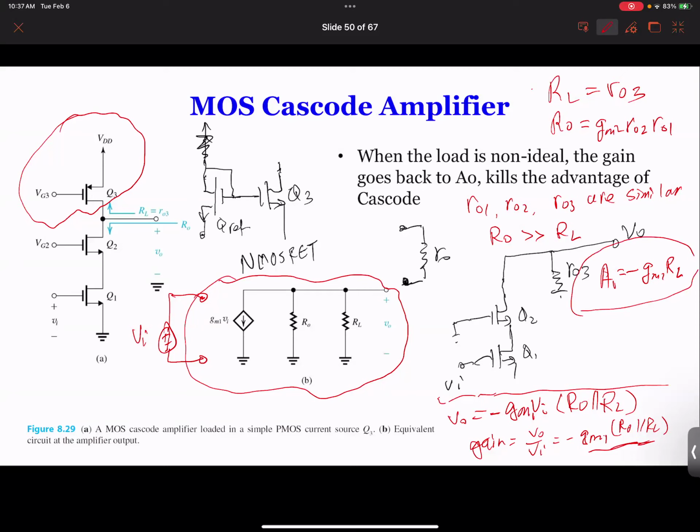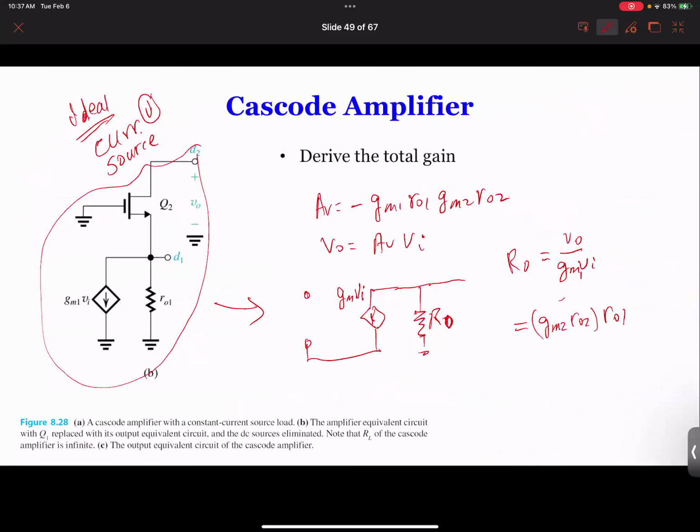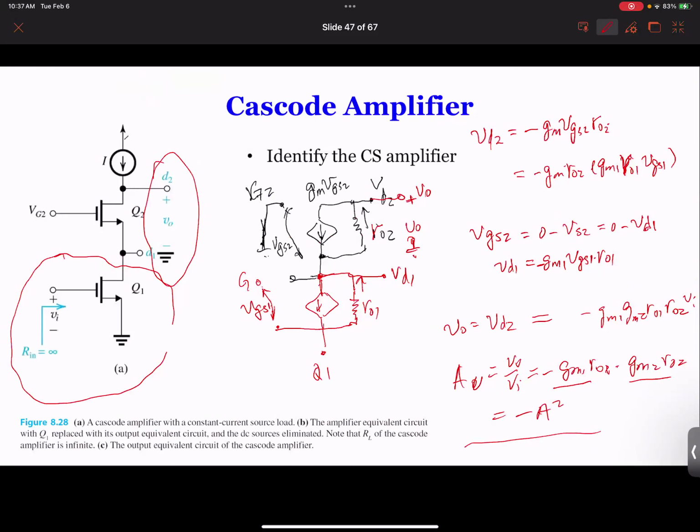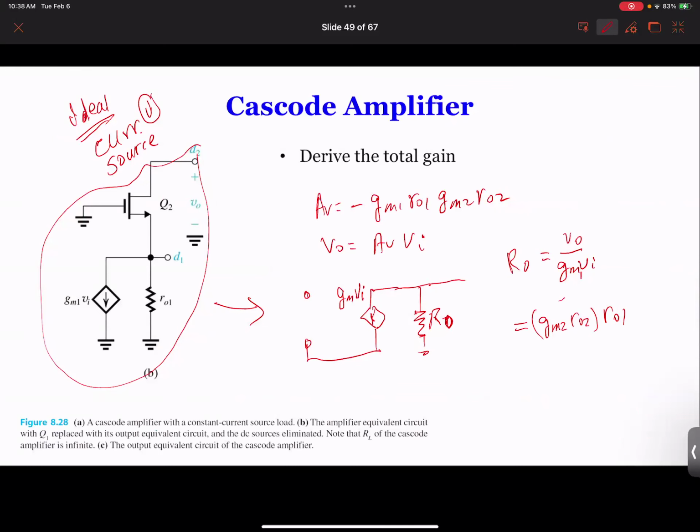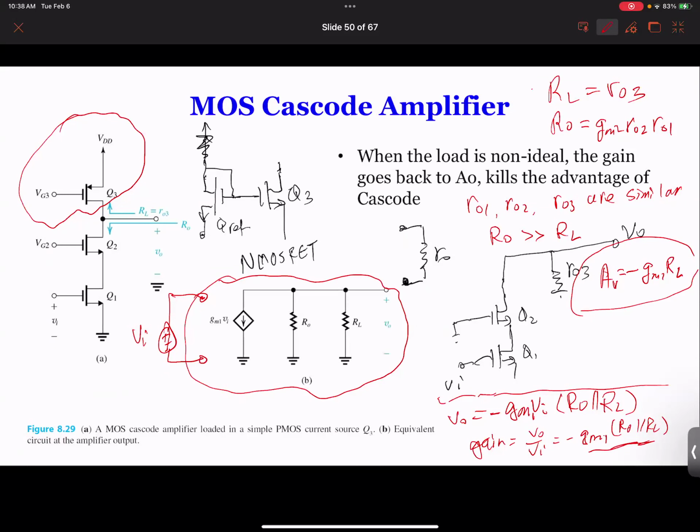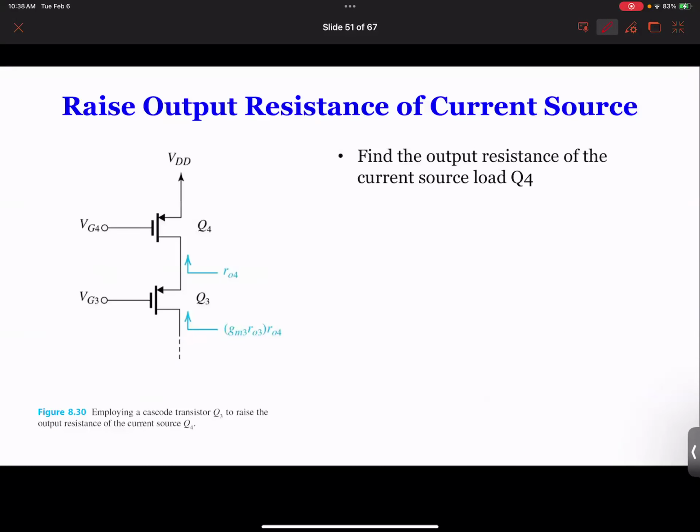So here you can conclude, if you have a non-ideal MOSFET like Q3 with low resistance, your gain goes back. Instead of the square of a single stage gain, as we had on the previous page, once we have a load resistance over there, everything starts to change.